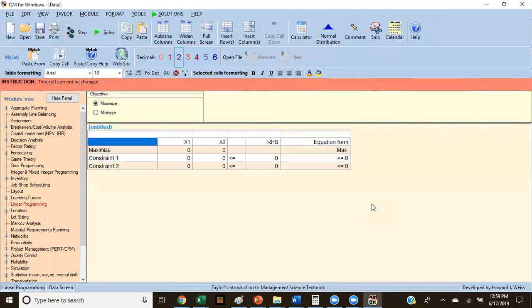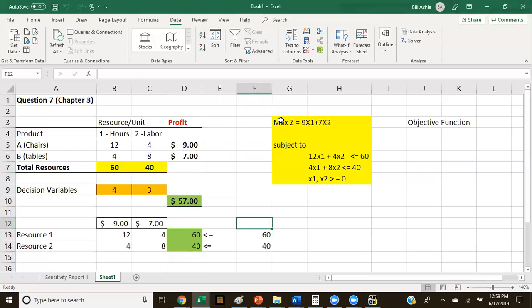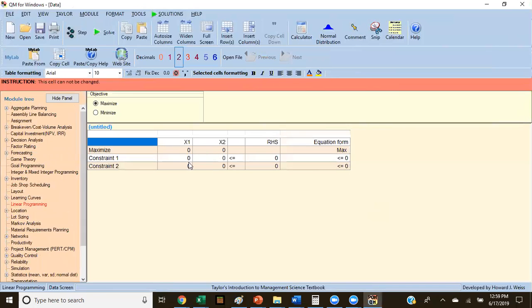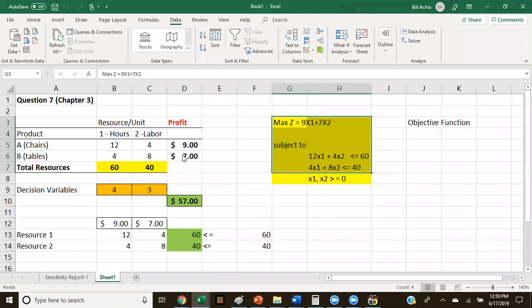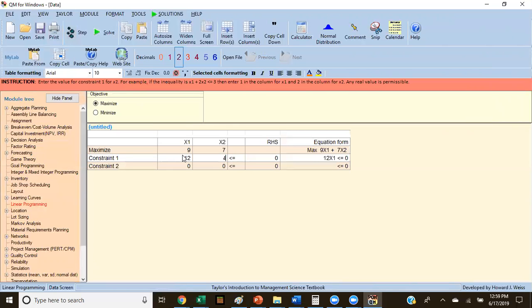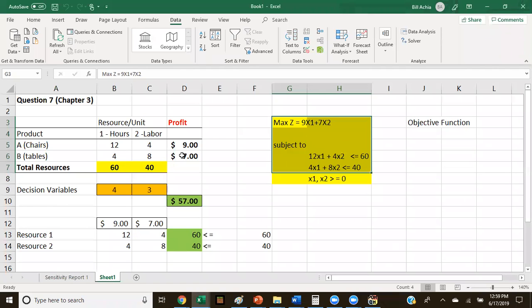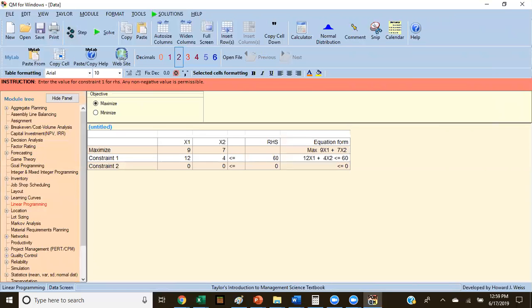Click OK. And then it basically asks you to put all that you have here into these cells right here. So we're going to maximize 9x1 plus 7x2, subject to the first constraint, which was 12 and 4, less than or equals to 60.